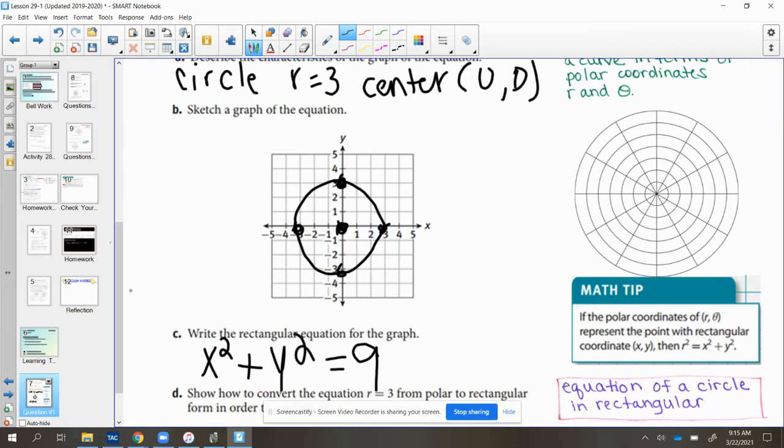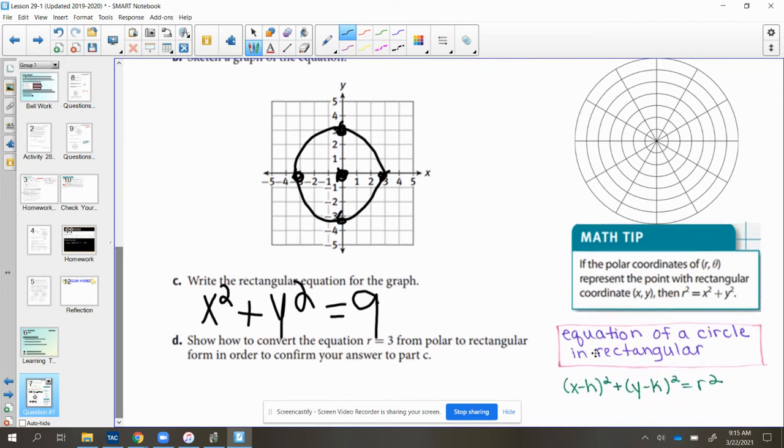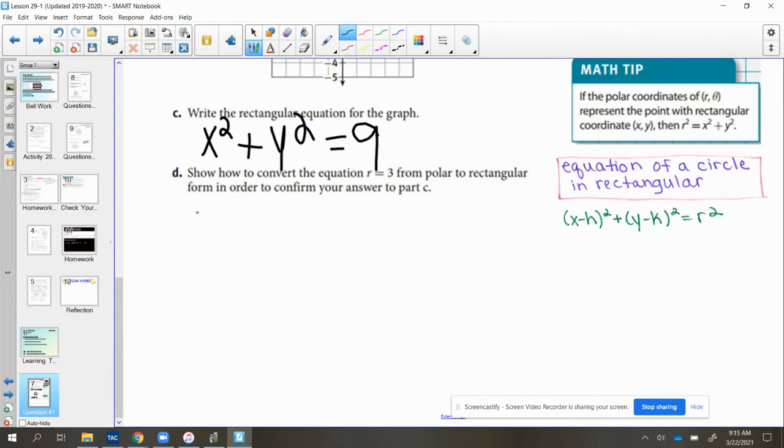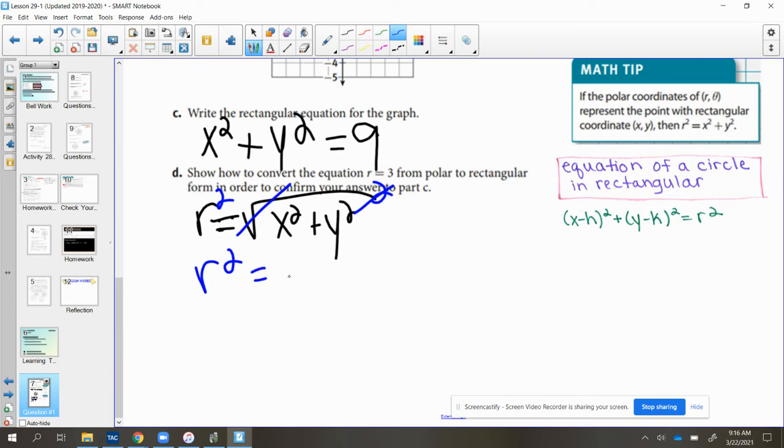Now, if we wanted to convert this, remember that r is equal to the square root of x squared plus y squared. Or another way to write that, if we squared everything, this would cancel out, and we're left with r squared equals x squared plus y squared, right?